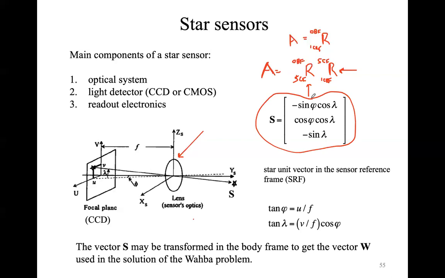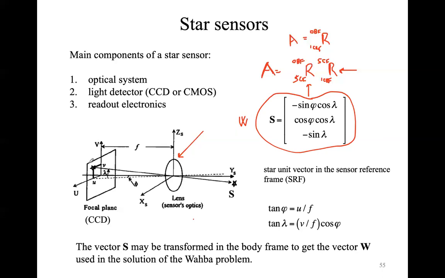It is important because this vector s corresponds basically to our vector w, okay? So our vector s is what in the Wahba problem we call w. Basically, what we are going to measure, however, are not phi and lambda. What we are going to measure are the coordinates of the stars projected on the detector.